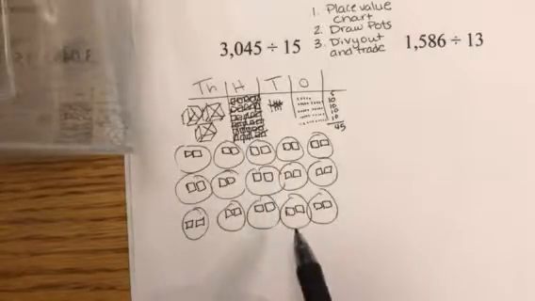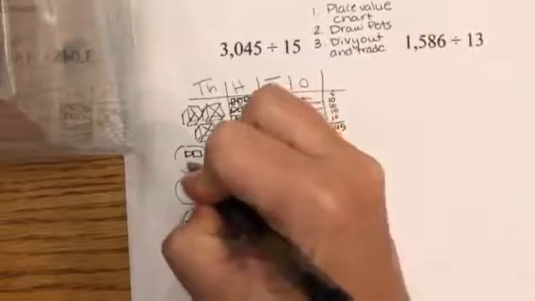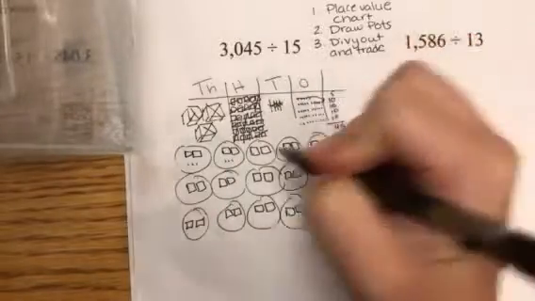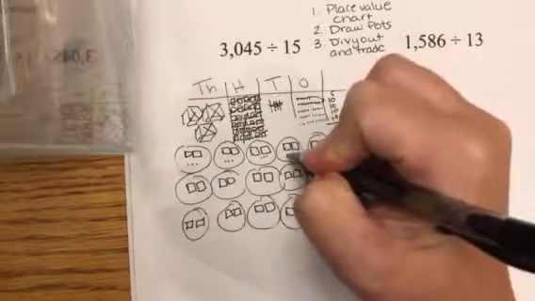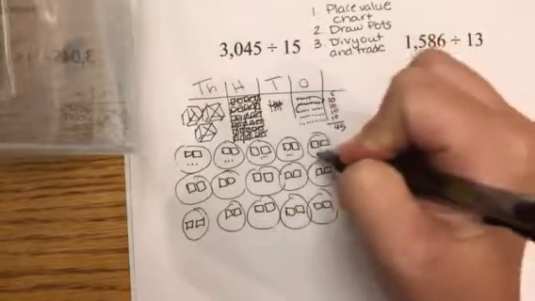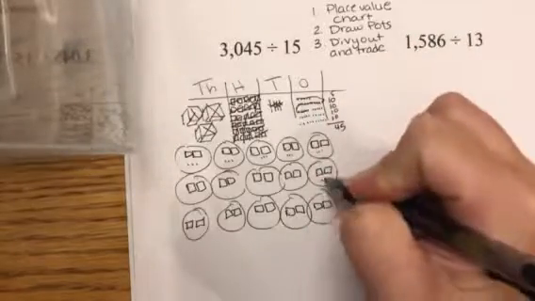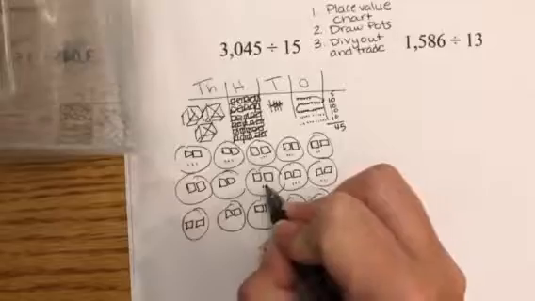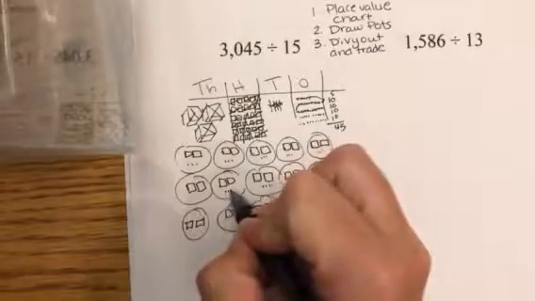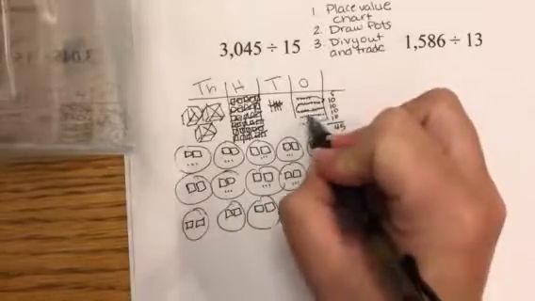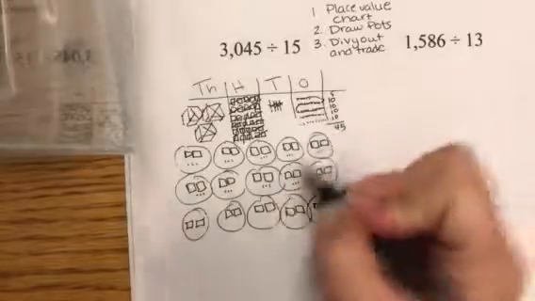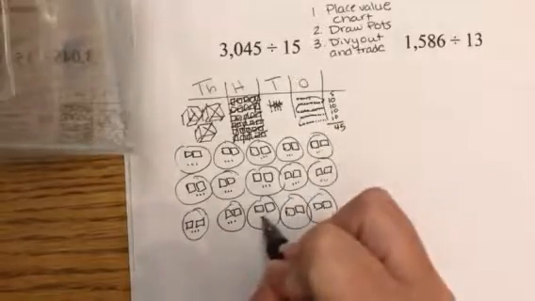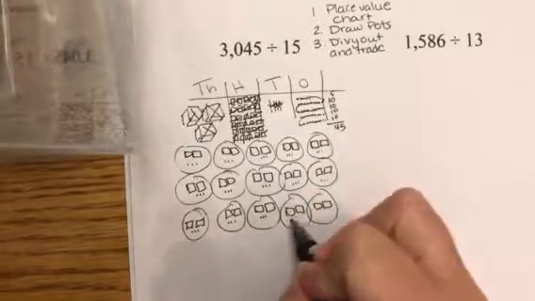Last time I had 30 and I put 2 in each, so I think I'm going to try 3 this time. 1, 2, 3. 1, 2, 3. A group of 3.